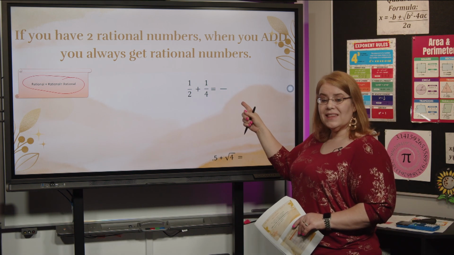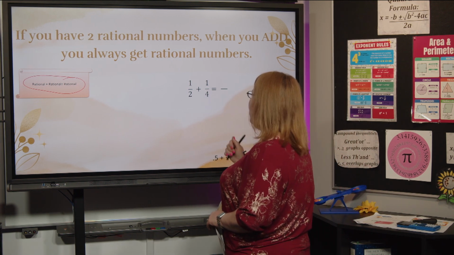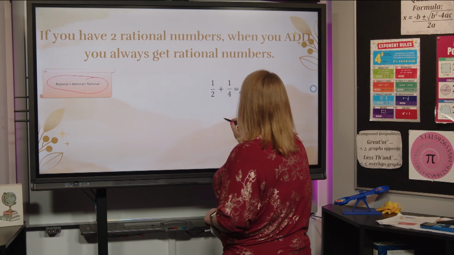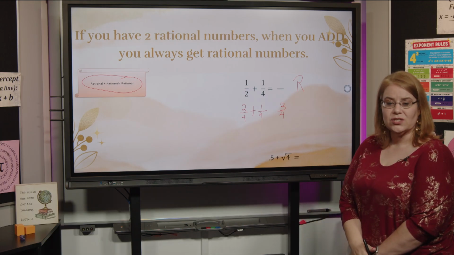So let's look at this one and let's work this problem. So I have 1/2 plus 1/4. I'm going to make the same denominator. So 2 plus 1 is 3 over 4. It's a fraction, so I would say that is rational.